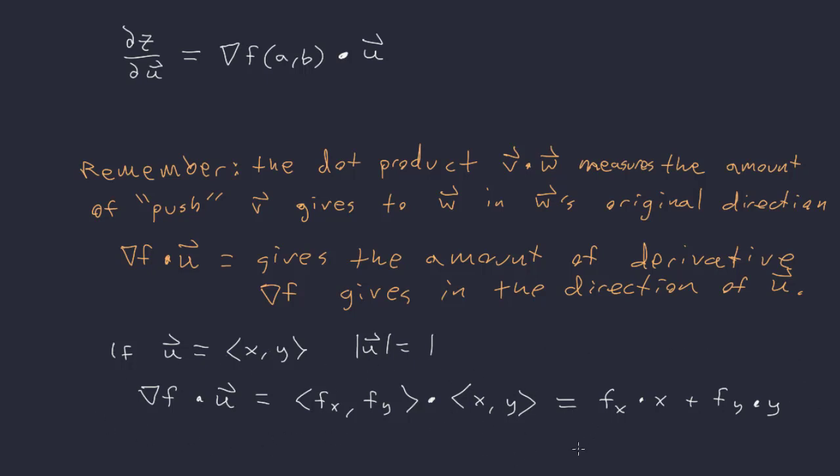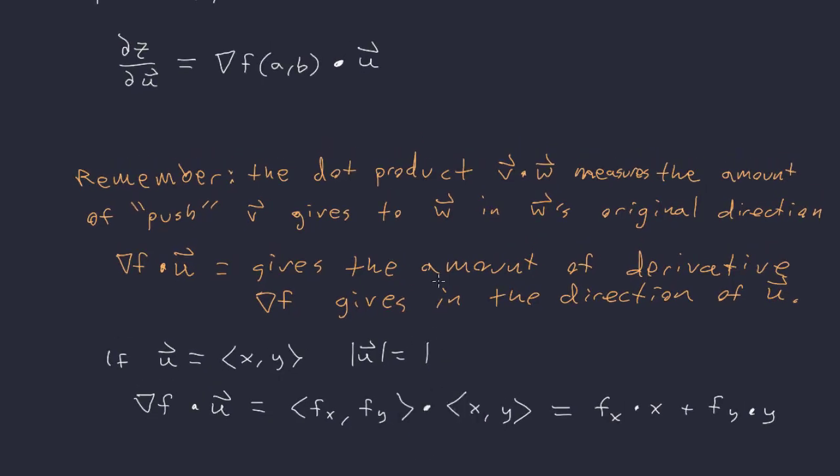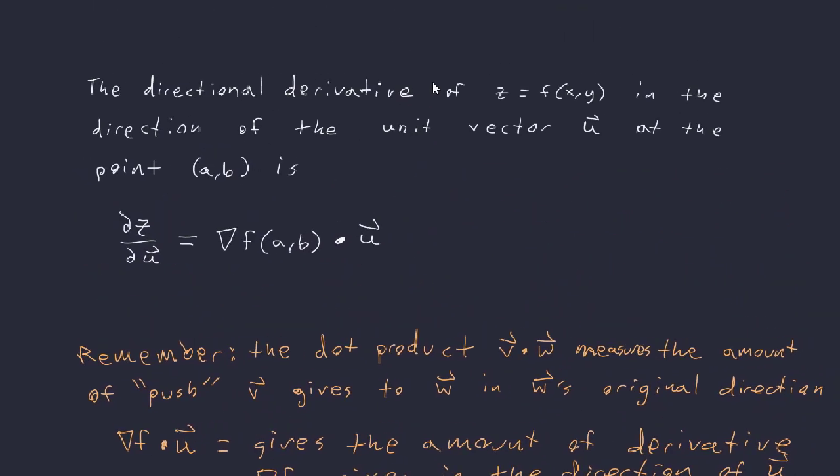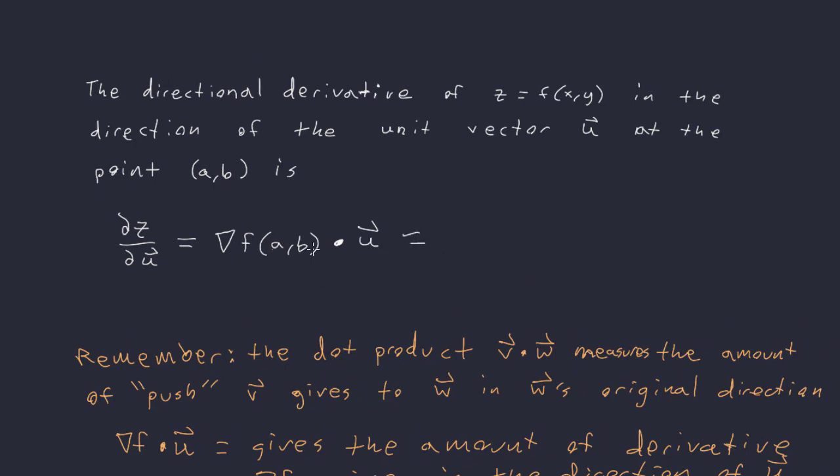It's actually a pretty neat result. And what is really fascinating about it is, remember, the dot product can be written completely in terms of cosine and the angle. So this could be the magnitude of the gradient at AB.